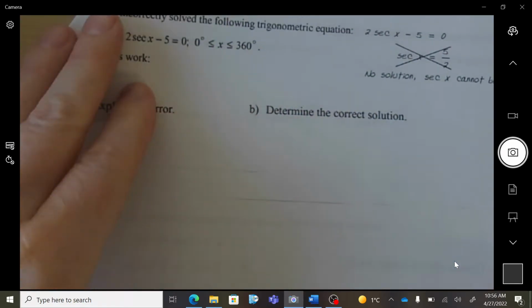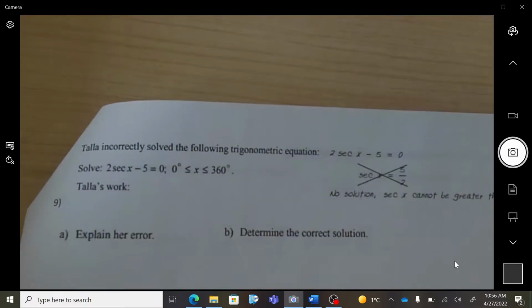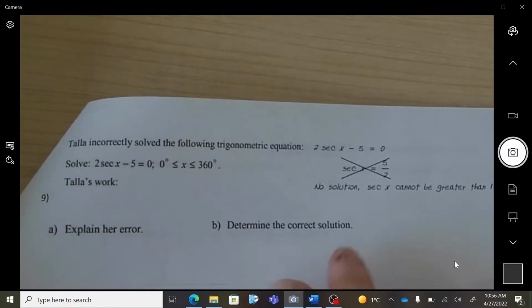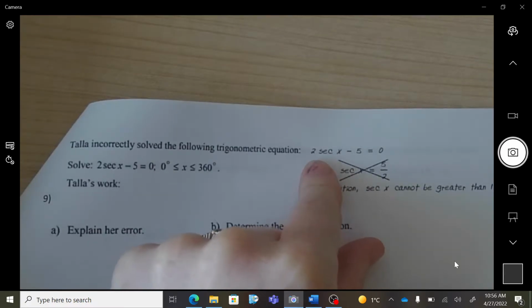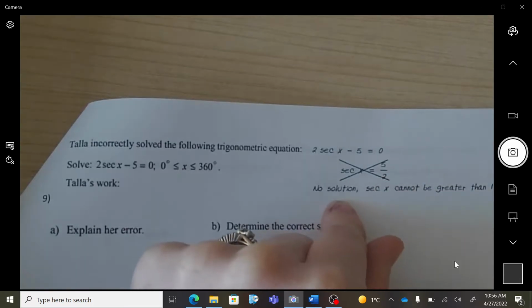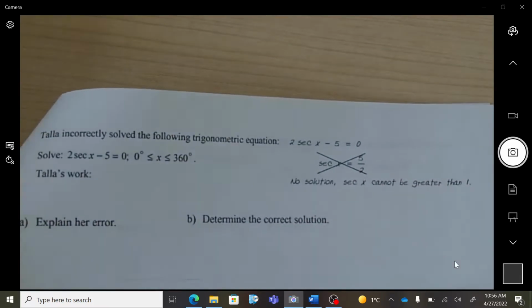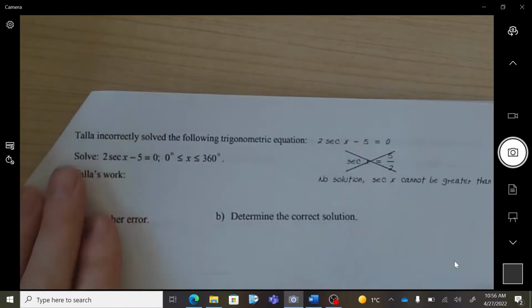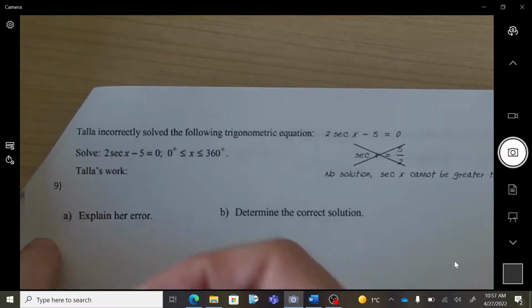Number 9. So we have a Tala that is incorrectly solving for this. Okay, so here's the work. 2 secant, so she looks like she moved the 5 and the 2 and then said no solution because secant can't be greater than 1. Explain her error. So she didn't switch it to cosine.